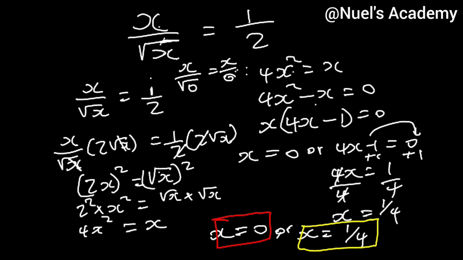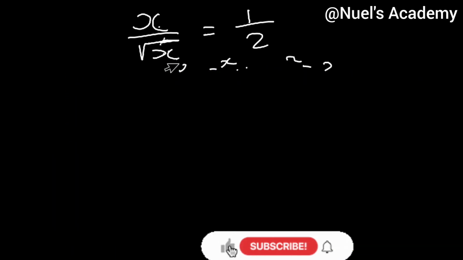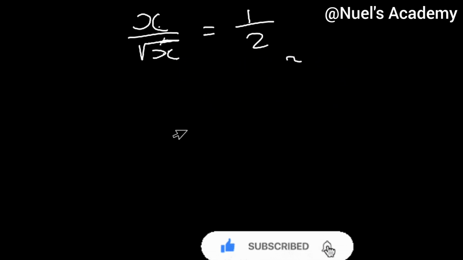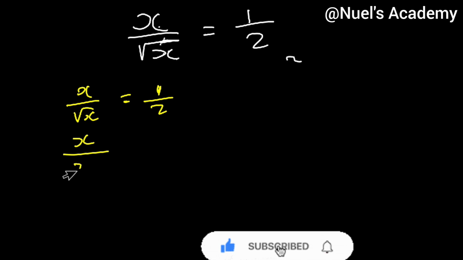So let's dive into the second approach or method of solving it. In the second method, we are given x over root x equal to 1 over 2. Now this root x, square root of x, can be written as x raised to the power 1 over 2, then equal to 1 over 2.